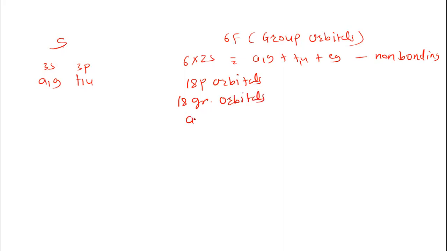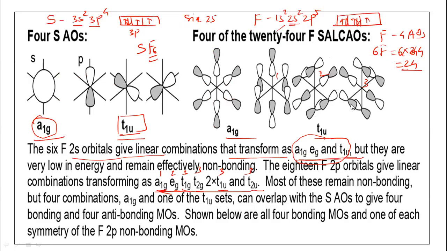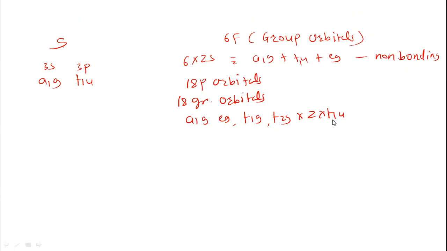See here: A1G, then EG, then T1G, then I think T2G, then 2 into T1U, and the last orbital, T2U.